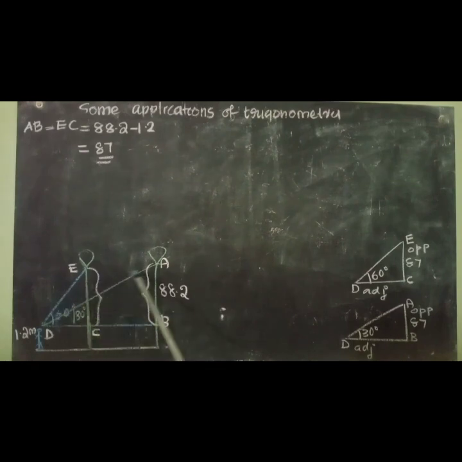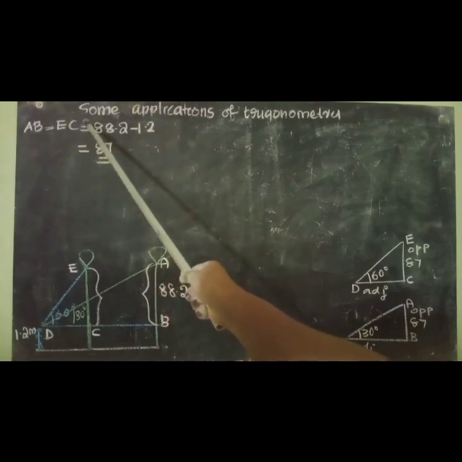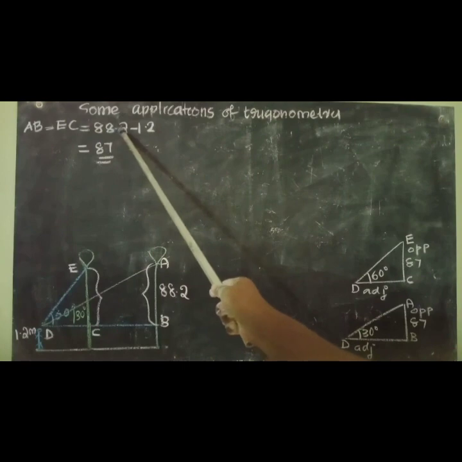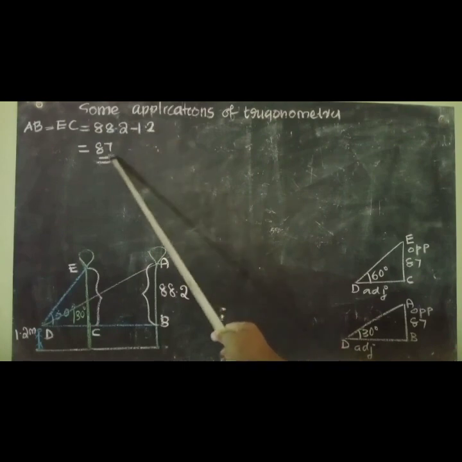To find out AB or EC, we need to subtract the height of the girl, that is 1.2 meter, from this 88.2. So we can write AB equal to EC equal to 88.2 minus 1.2, that is equal to 87.